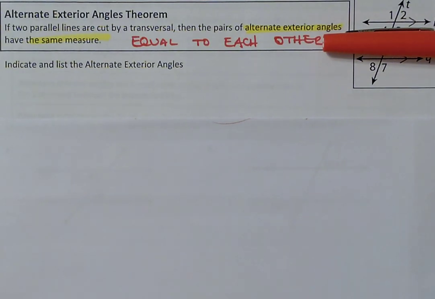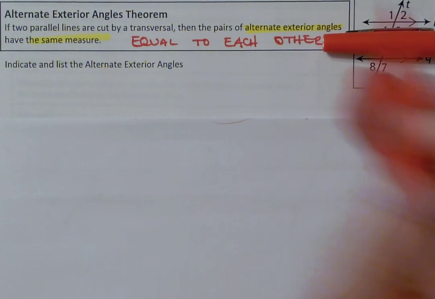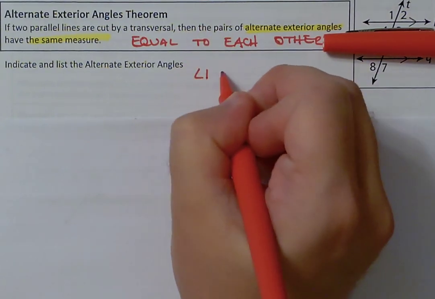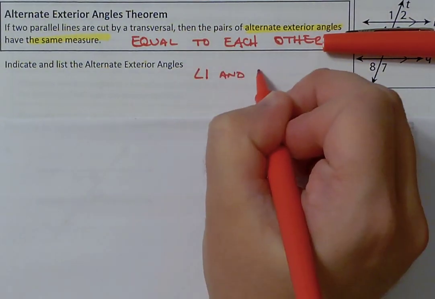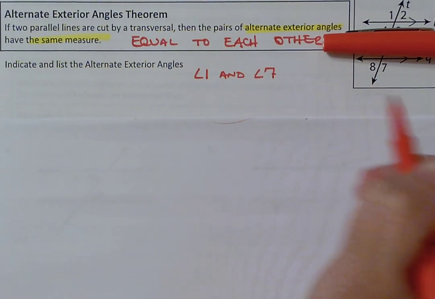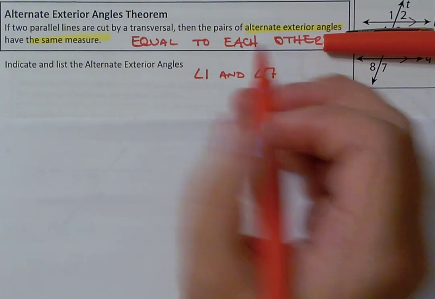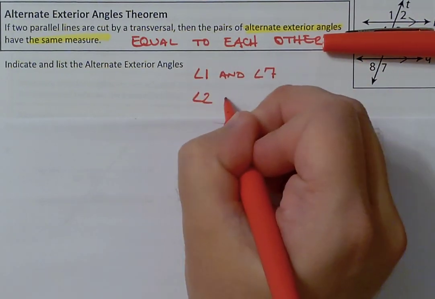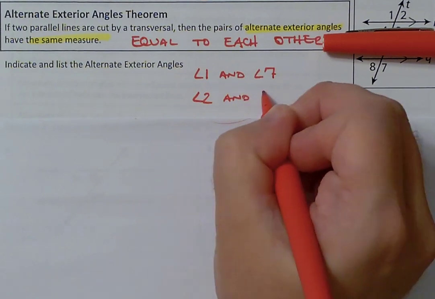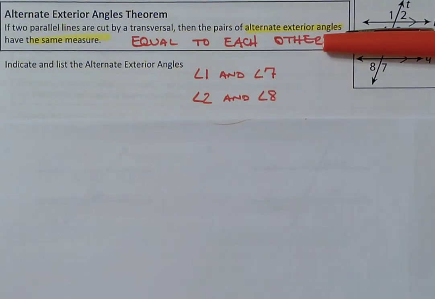Now, our set of alternate exterior angles would be angles 1 and 7, and angle 2 and angle 8. So angle 1 and angle 7 and angle 2 and angle 8 are our set of alternate exterior angles.